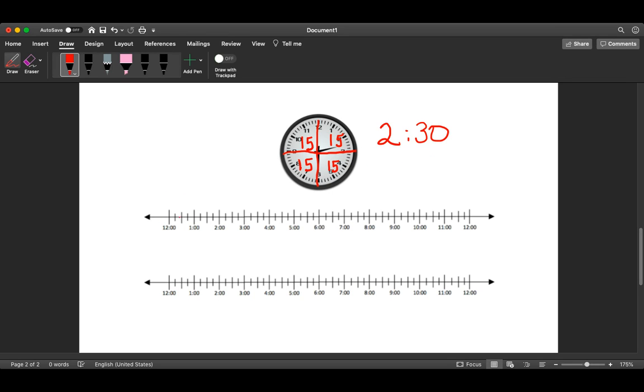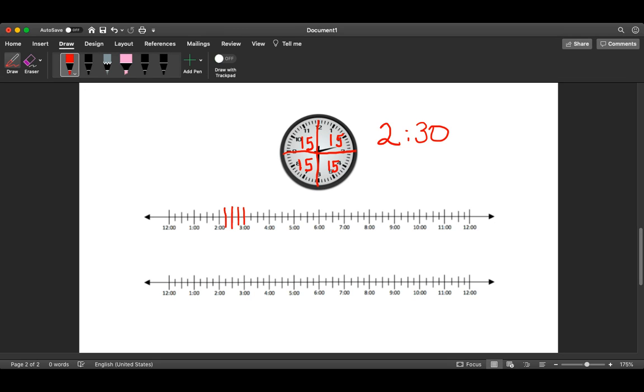So the same thing is on the number line. If I have between 2 and 3 o'clock and it's separated into 4 parts, this would be 15 minutes, another 15 minutes, another 15 minutes, and another 15 minutes would be all the way to 3 o'clock. So right here, I'm going to change my color.